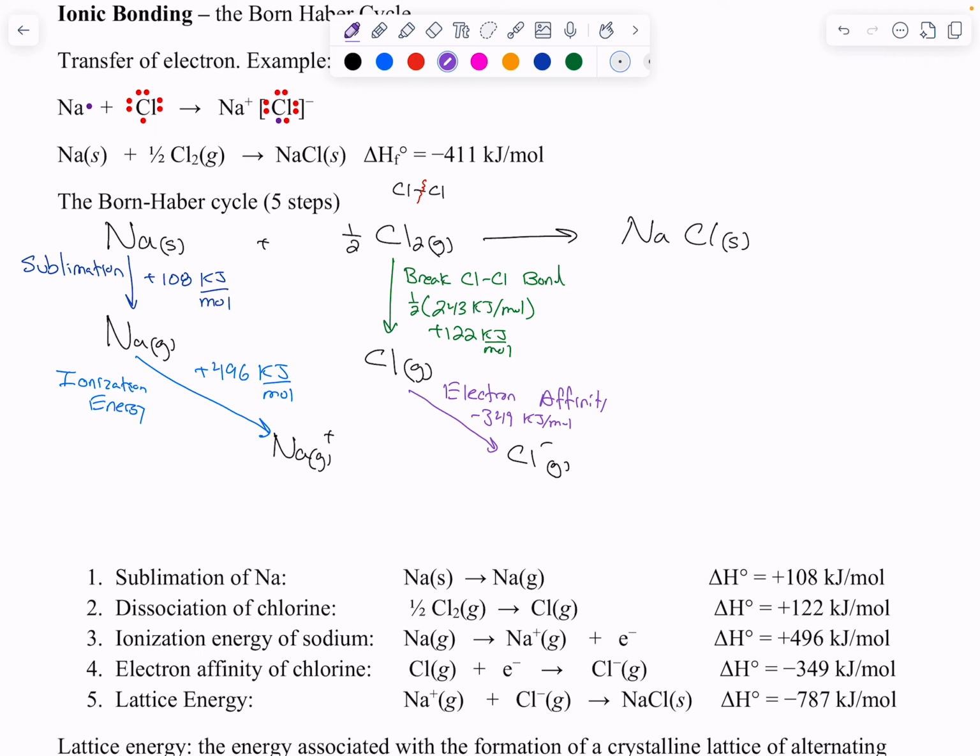And then when we add these up, and then they go to sodium chloride, step 5 is our lattice energy.